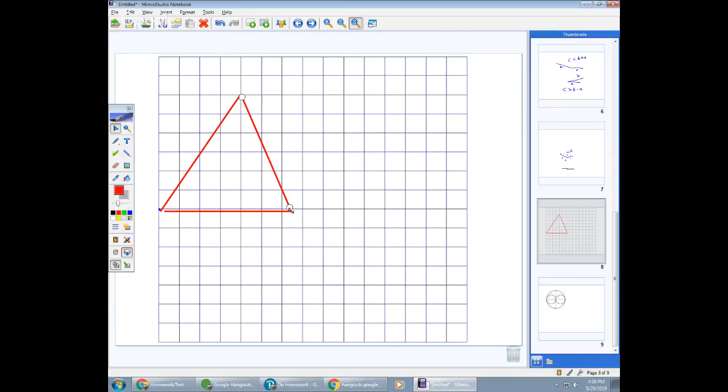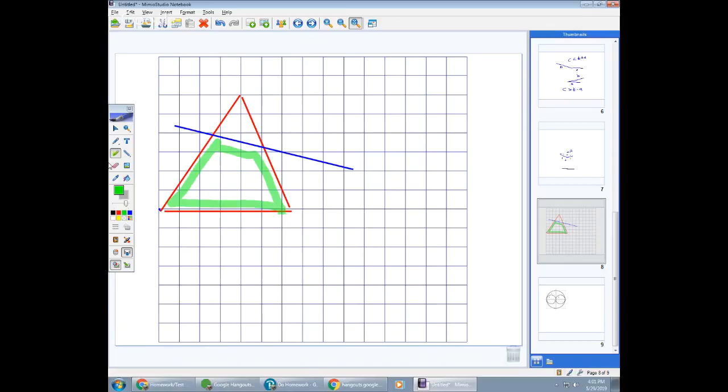So let's pick a different color. Line tool. If I truncate at some angle like that, then the figure I get after the truncation is a quadrilateral, but it's not a trapezoid because it doesn't have a set of parallel sides.